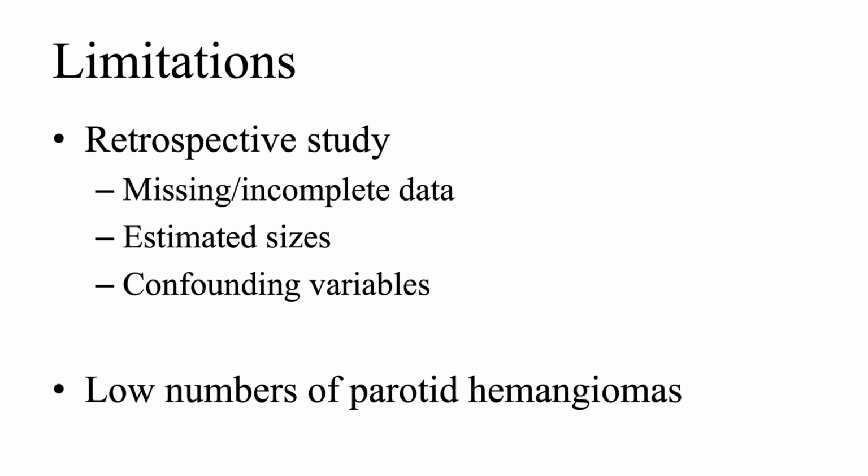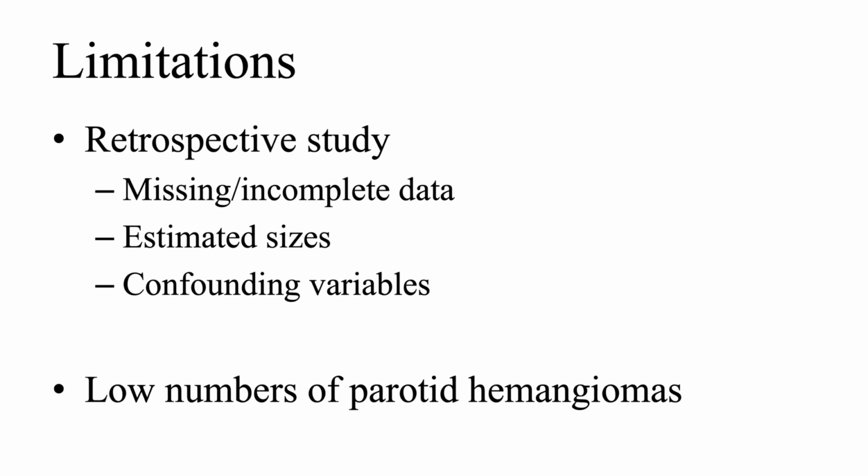When the hemangiomas were really large, we weren't really measuring them and putting that in the medical record. So we had to guesstimate based off of the photographs that the patients had, what size category that hemangioma fell into. And then the presence of any confounding variables, meaning was there something else that we didn't even collect, some piece of information that we missed that might be important in predicting FACE risk?